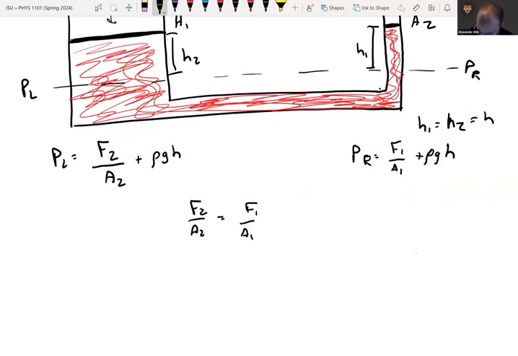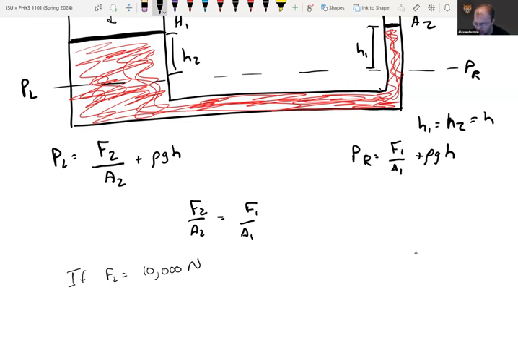Check this out. This does have some pretty significant implications. It means, among other things, that you can support a very large force with a very small force based on their differences in areas. So let's take a look at this. Let's say F2 equals 10,000 newtons.